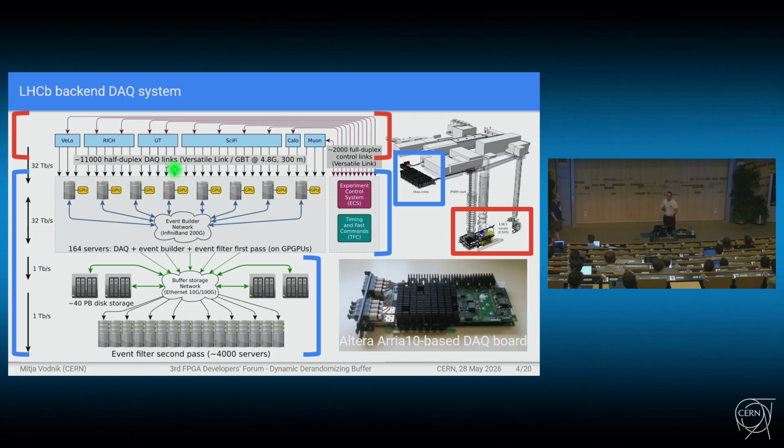We get disordered data from different front ends, and we need to output it to the event builder network in order, because the events then need to be built. You have to sort it by event, and you get it scattered. You have to sort it so that you build each event fully. Does that make sense?